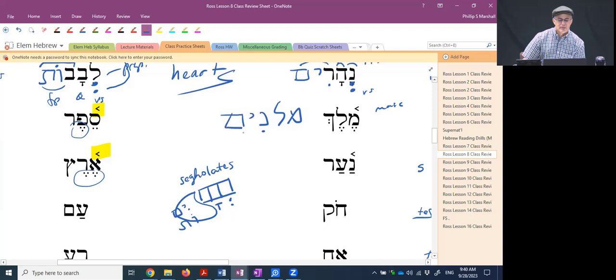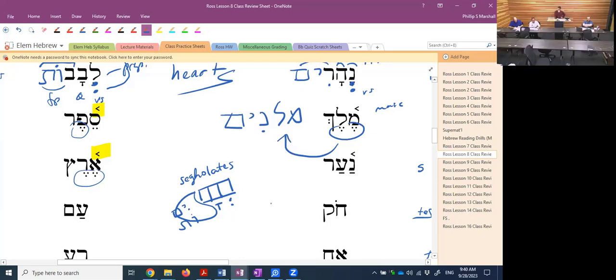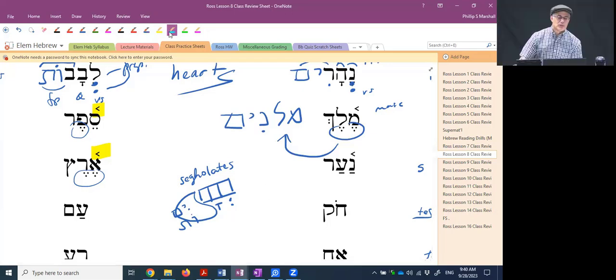But what's going to happen to the vowel points? Do I just transpose the segols over? No, I transpose the vowel pointing of devarim, right? Devarim: vocal shva, qamets. I've got to push those up into the first two consonants or root letters here.